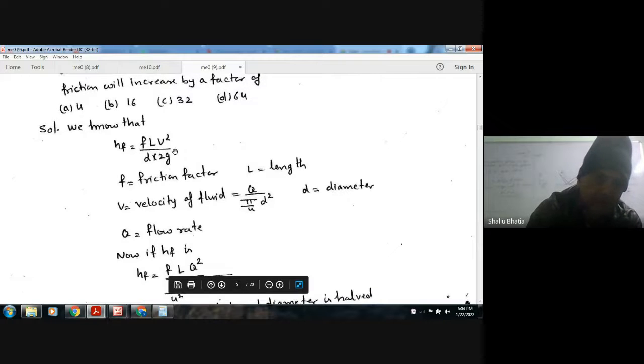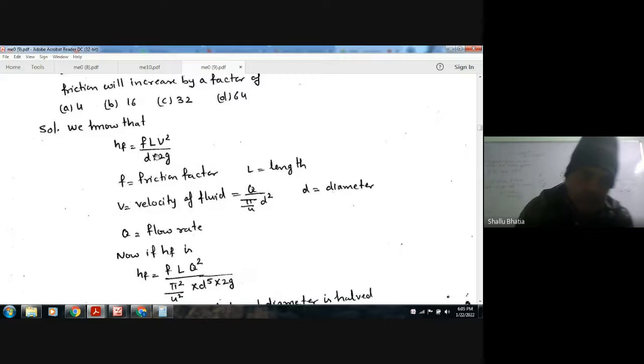So hf is given by f L V squared by 2 g D. Now, as the length has been doubled and the diameter has been halved, we have to change this equation in terms of length and diameter.